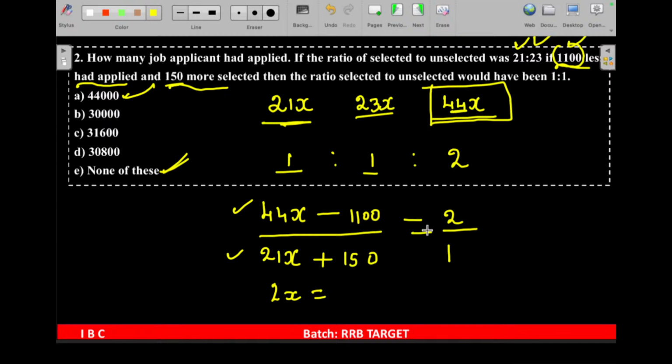Then 1100: here you do not subtract, you have to add, 1100 plus 300, because the signs are different. Different means if it comes to this side, it will be the same. So 1100 plus 300 is 1400. X is equal to 700. Then into 44, that will be your answer.